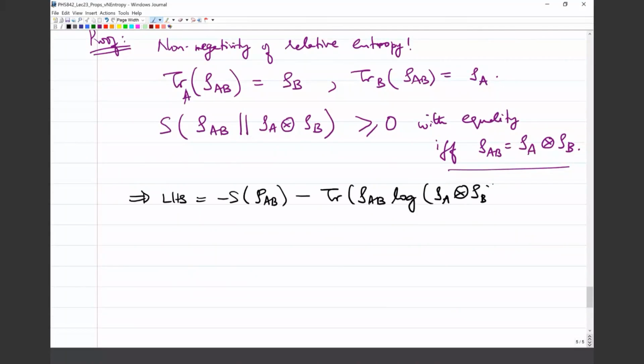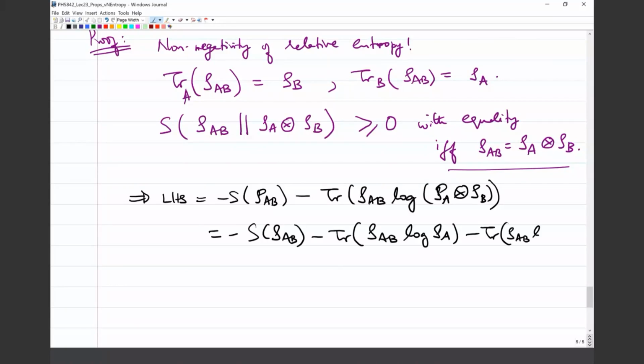So once again, now you have to invoke the same properties of the log. Earlier, I wrote this down explicitly, where I visualized each of these in its own local basis, and hence I showed you that the log will become the sum of the logarithms. I'm not going to go over the same steps again. I hope you will now agree with me that this is nothing but log rho A minus trace rho AB log rho B. Now, this seems like a strange object.